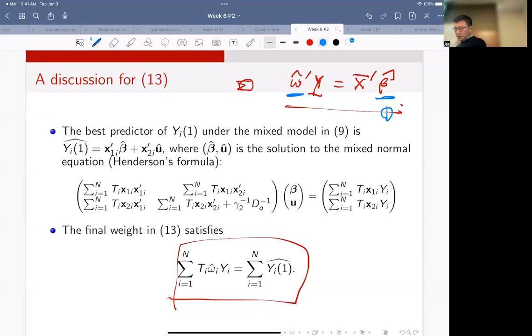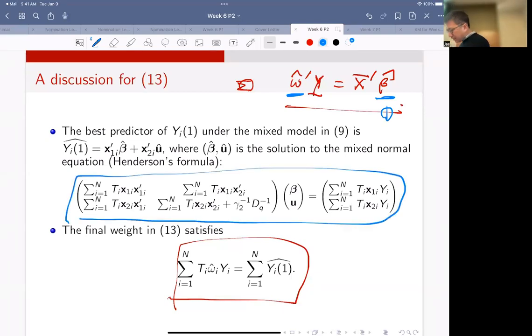So the same thing. So here, this is the normal equation for obtaining the beta regression coefficient in the mixed effect model. The normal equation for the mixed effect model is sometimes called the Henderson formula.